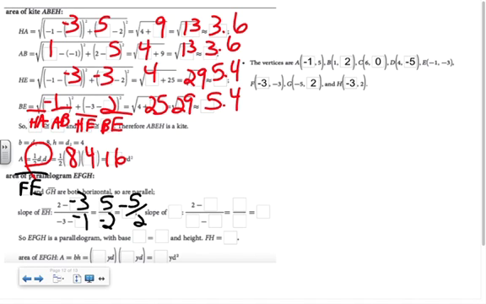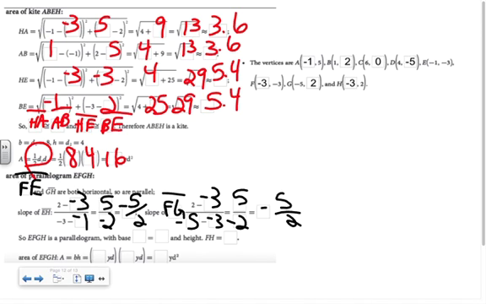The slope of FG is 2 minus negative 3 over negative 5 minus negative 3, which is 5 over negative 2, which is just negative 5/2.